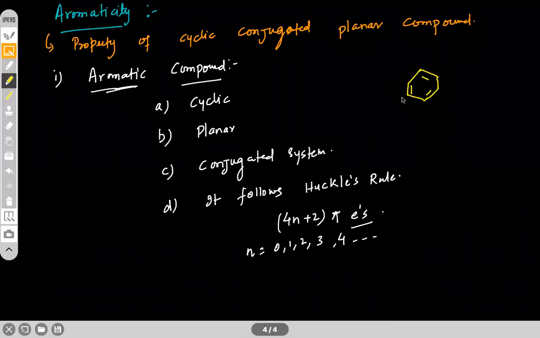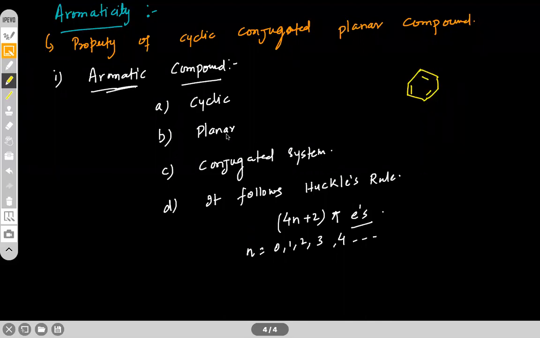Yes, the ring structure is cyclic. Is it planar? Yes, it is planar because all the atoms are sp2 hybridized. Trigonal planar geometry, sp2 hybridization means planar. Is it conjugated? Yes. What type of conjugation do we have in this? Pi sigma pi. Conjugated.